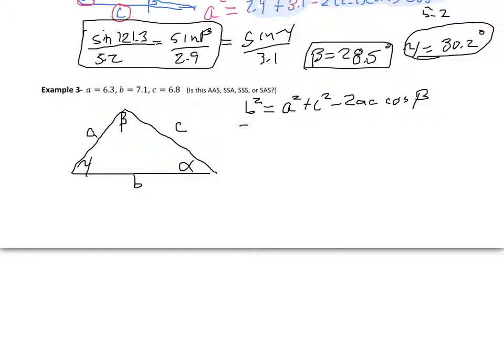We have 7.1 squared equals 6.3 squared plus 6.8 squared minus 2 times 6.3 times 6.8 times the cosine of beta. So now we've got to solve for beta.